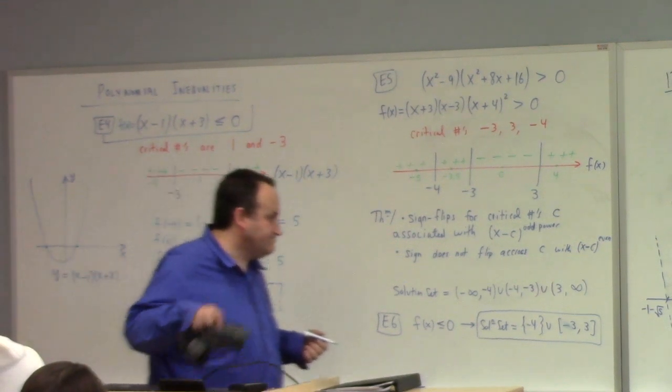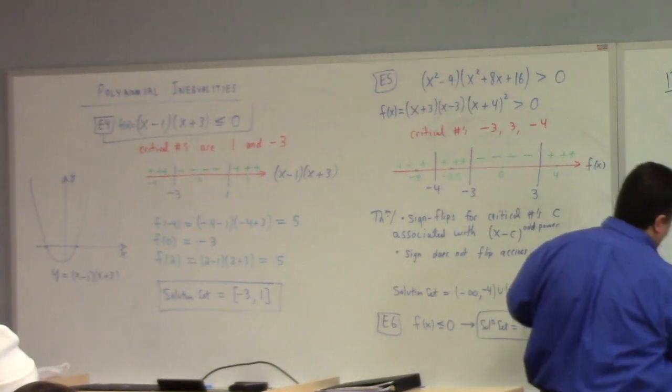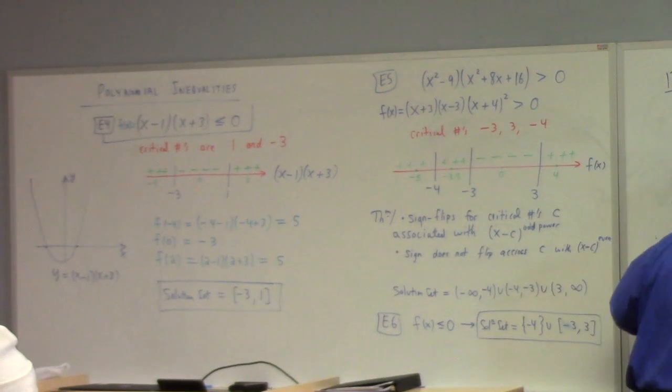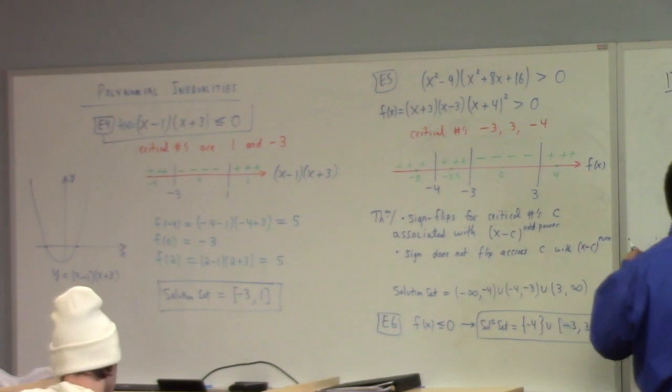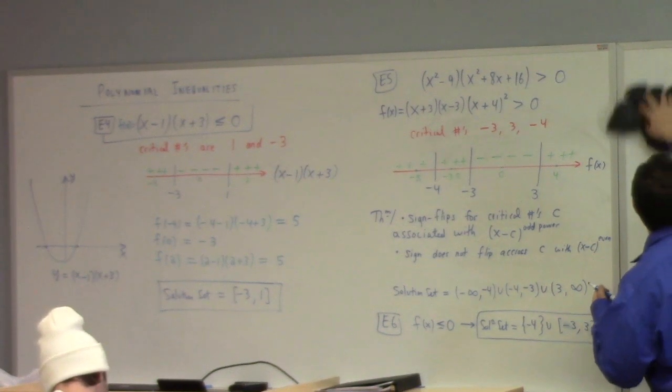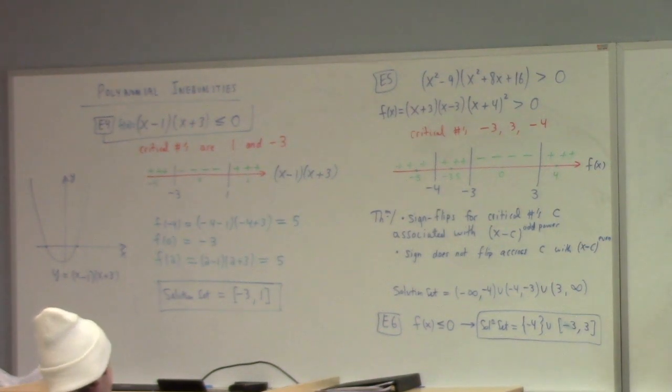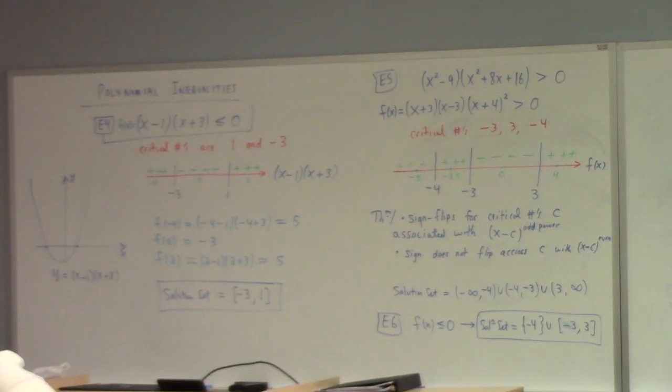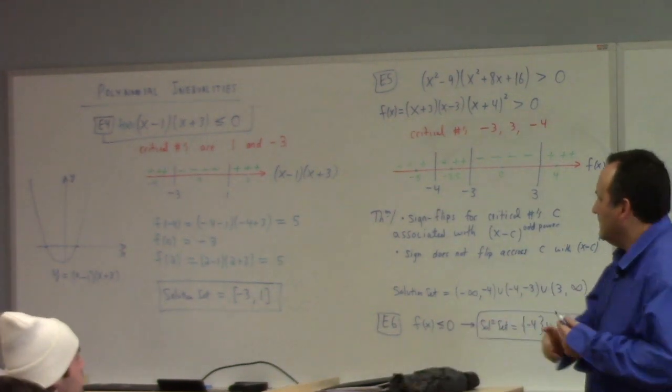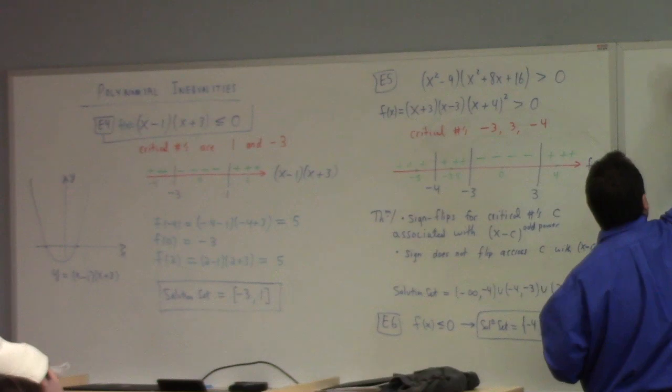Let's look at another. This time I'm going to use the sign flip theorem and try to illustrate to you the power of it. So let's see here. Example 7.